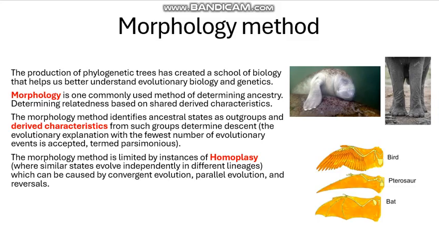One example that's really good if we're talking about using the morphology method to identify species relatedness: if you look at the images I put on the top here, you can see a manatee on the left and an elephant's legs on the right.